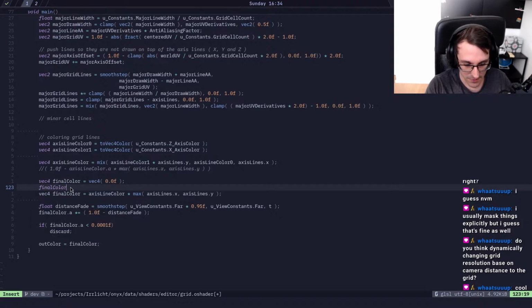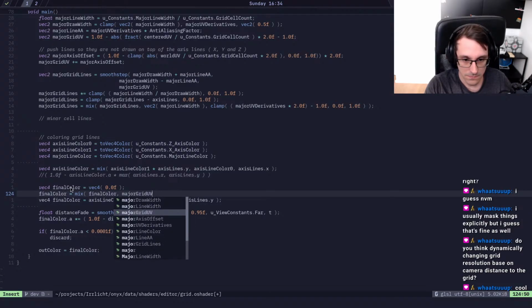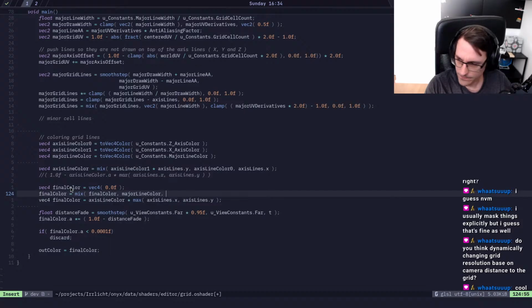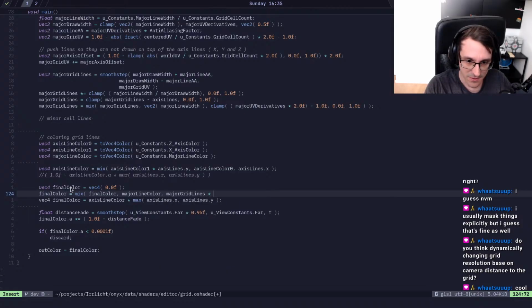Well, final color is a mix between our final color, our u constants major line color, which we need to convert, and our major grid lines times our major line color dot alpha. I think.